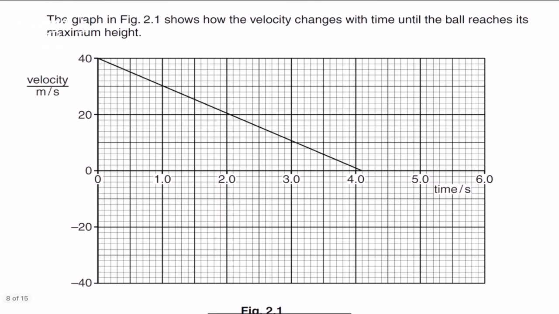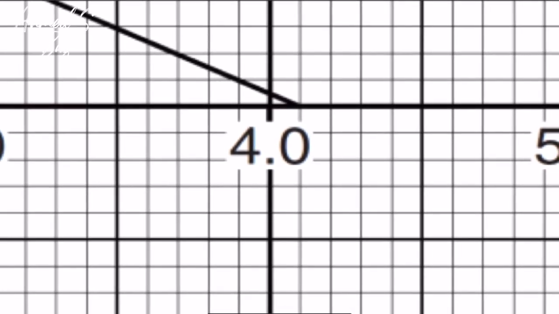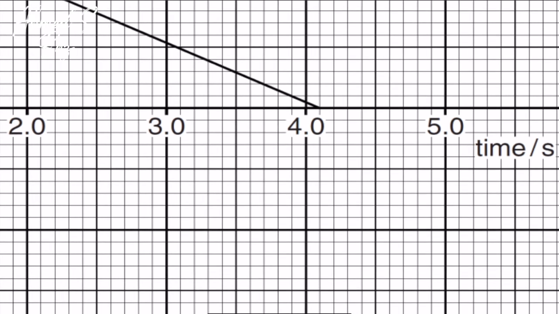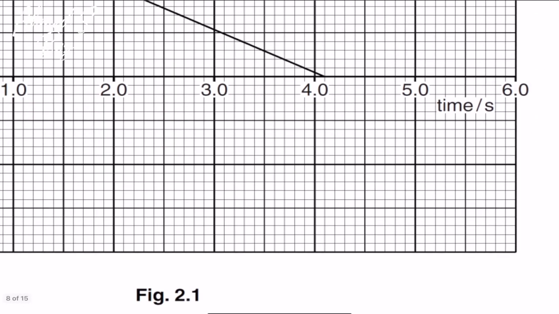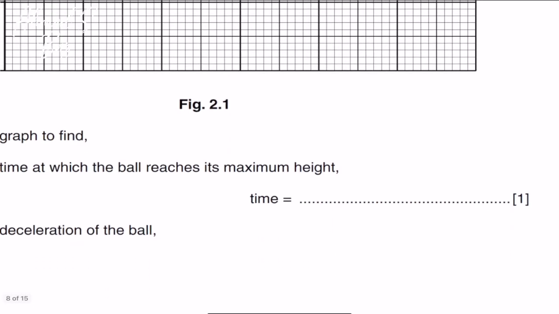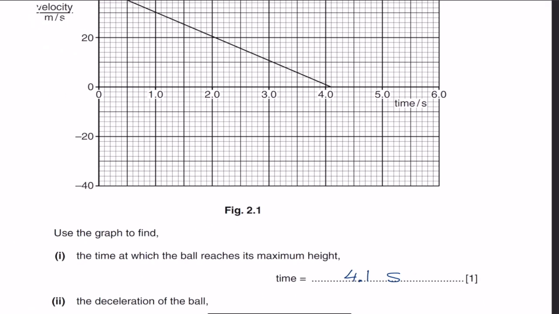I can see that it's 4.1. Even if you write 4.05, it's 4.1 because I have one decimal in the graph, so I'm going to write 4.1. Do not mess up the measuring unit, it's seconds and it's labeled over here.